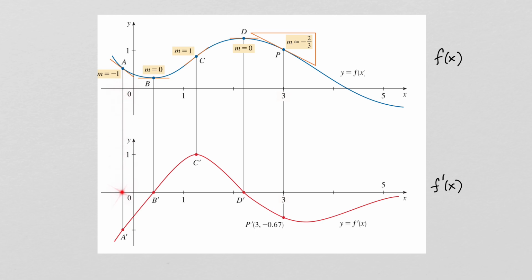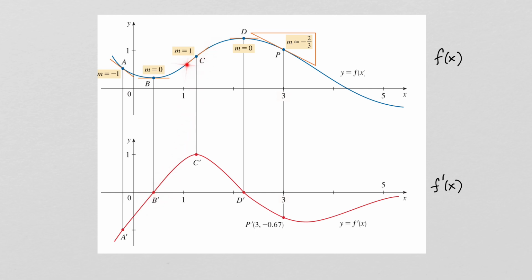So at that same x value on the derivative, the function value itself has to be -1. Point B had a tangent line that was flat, so the slope was 0. So at that same x value on the derivative, the value of the derivative has to be 0 because, again, it's representing the slope of that tangent line.